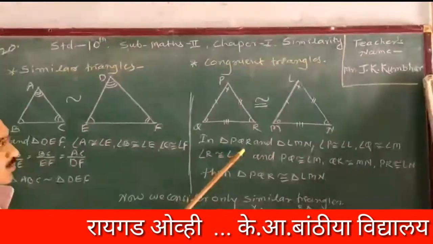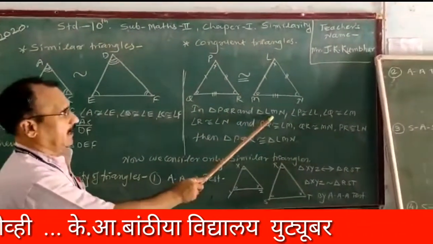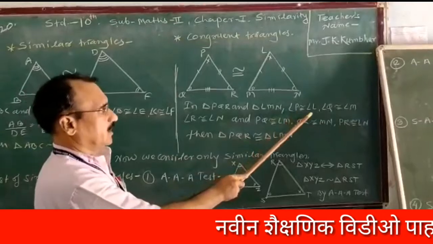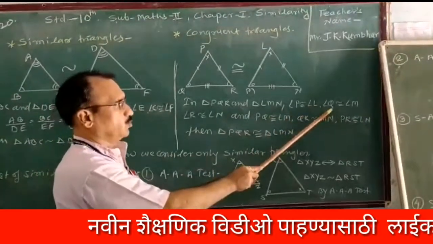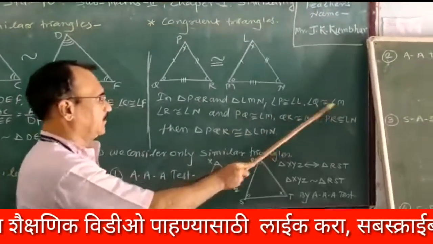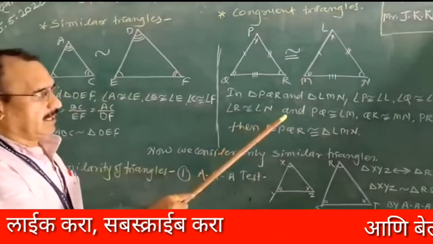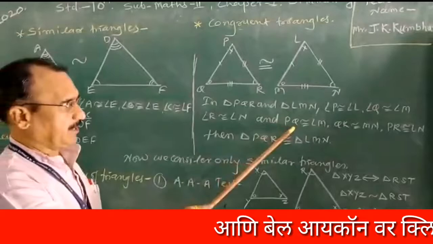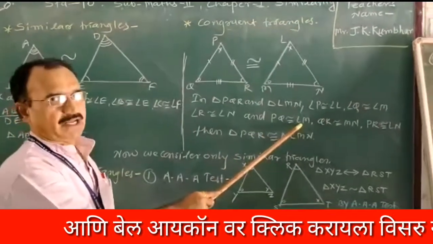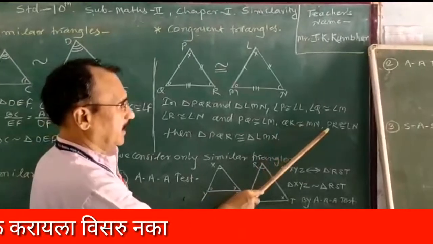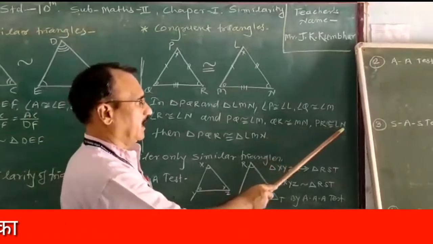In triangle PQR and triangle LMN, angle P is congruent to angle L, angle Q is congruent to angle M, angle R is congruent to angle N, and side PQ is congruent to side LM, QR is congruent to MN, and PR is congruent to LN.